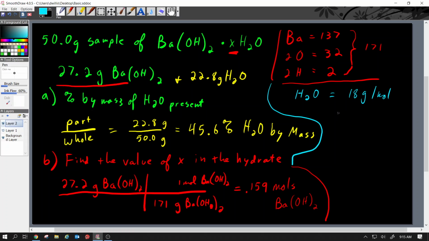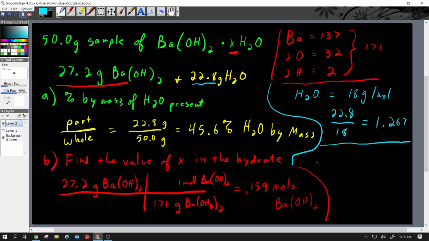How many grams did I have? 22.8 grams of water. So 22.8 divided by 18. And how much is that going to equal? 1.267. Okay.